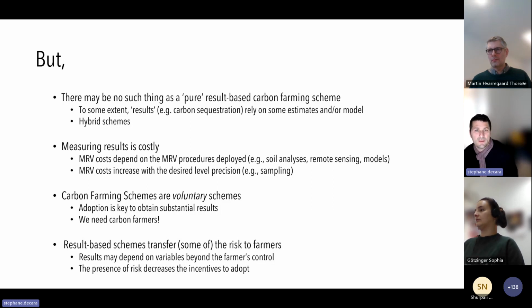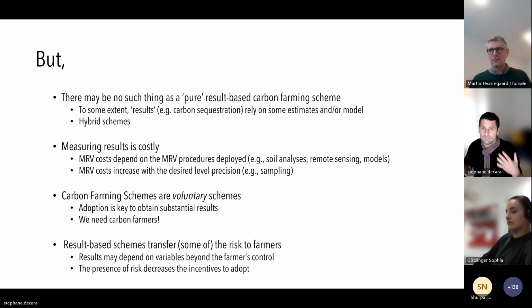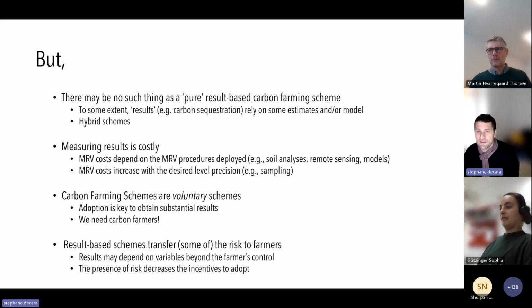If you think about carbon sequestration, you can think about soil sampling to do soil analysis. There's always some remaining uncertainty surrounding the results. So there's something like a gray zone between the two, and we will explore that.